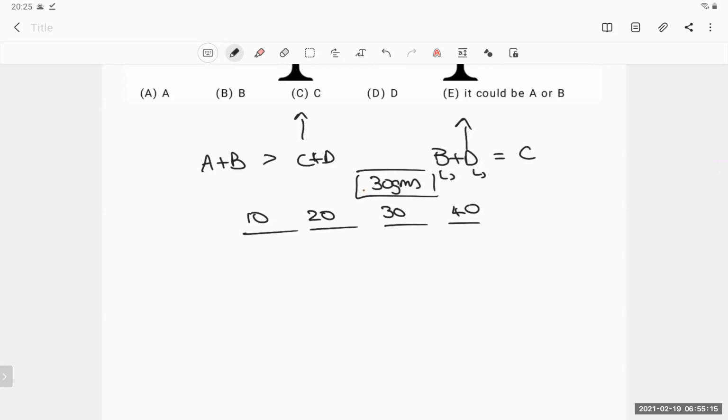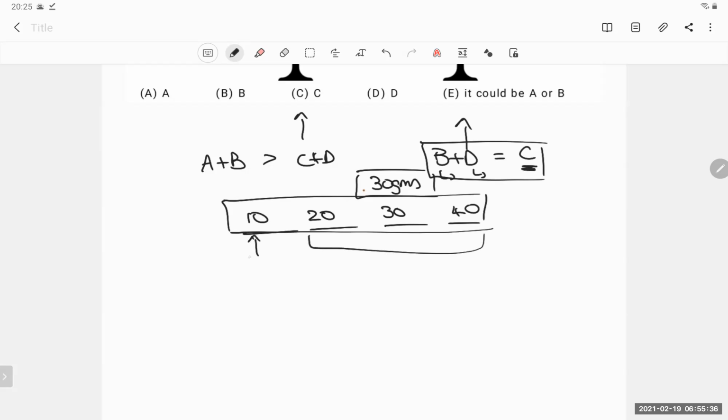Okay, let me give you a small example. Look at this equation, guys. It says the sum of the weights of 2 balls is equal to the third ball, right? These are the weights. In such a case, the lowest number that C could be, can C be 10? Adding any of these 2 numbers will give you 10? No, sir. Can C be 20?